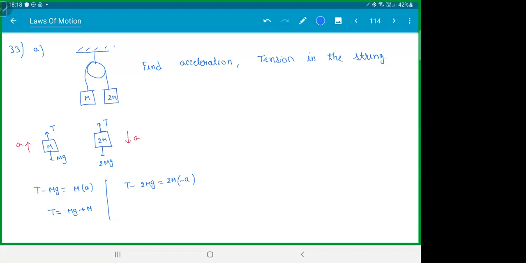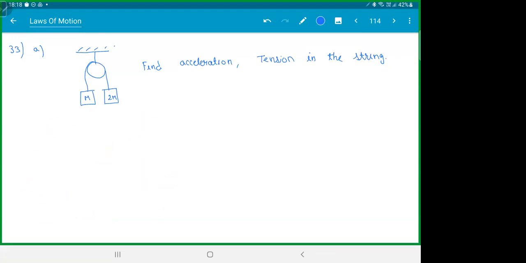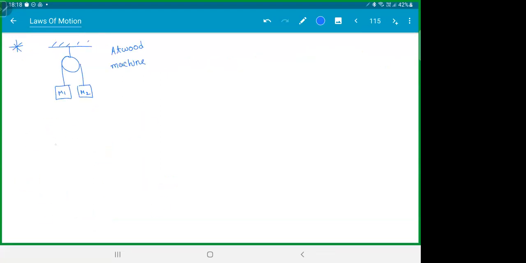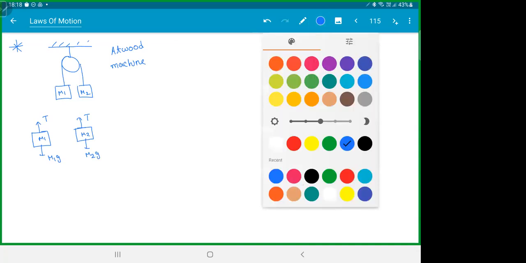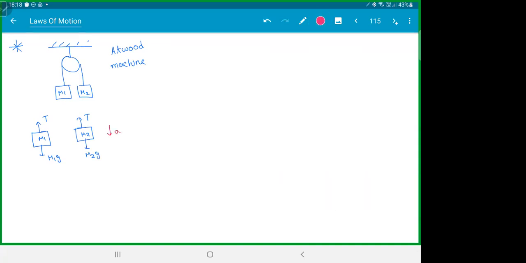Here again, tension, m1g, tension, m2g, acceleration down, acceleration up.